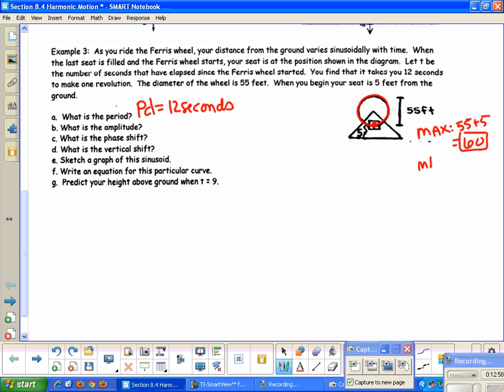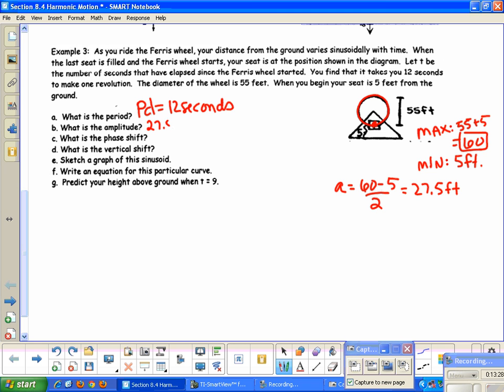And my minimum value would be the lowest I go in my Ferris wheel, which is 5 feet above the ground. So now that I have that, I can easily find my amplitude, because your amplitude is equal to your maximum minus your minimum divided by 2. So 55 divided by 2 would be equal to 27.5 feet.